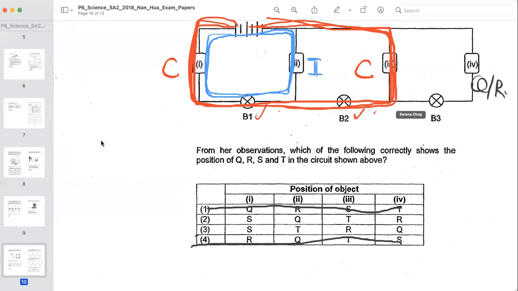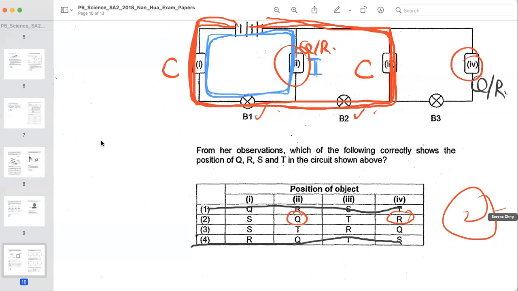So that means here I can have Q or R too. So I look for it. The only option whereby box 2 and box 4 are Q and R will be option number 2. So sometimes after we have relooked at some more information, we have to relook at certain assumptions that we had previously.